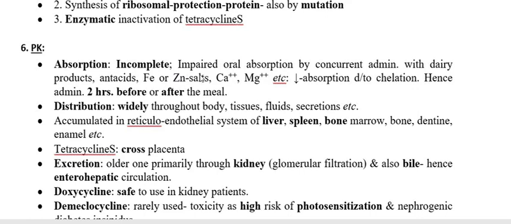If the GI tract has divalent or trivalent ions, antacid, milk or dairy product, they bind with the tetracycline, and after binding, the tetracycline is excreted through the feces. So chelation of both the metal as well as the tetracycline occurs.